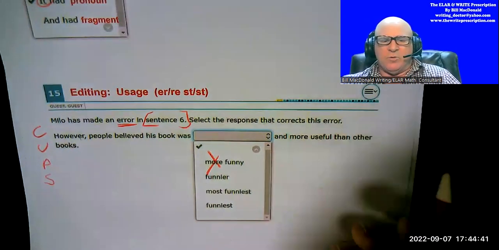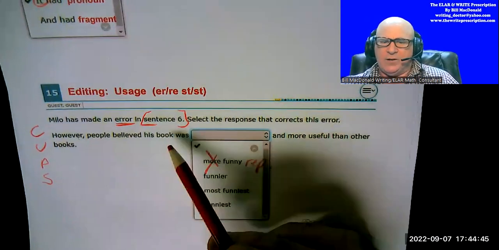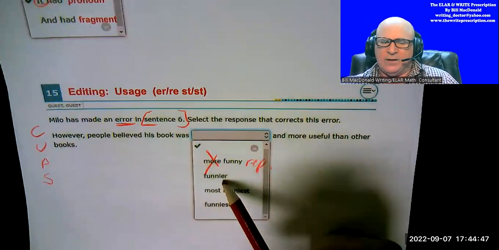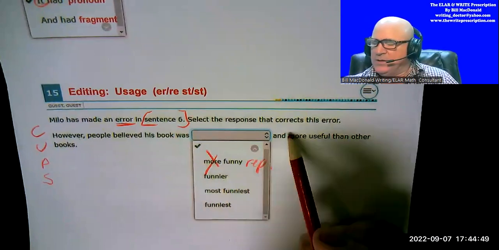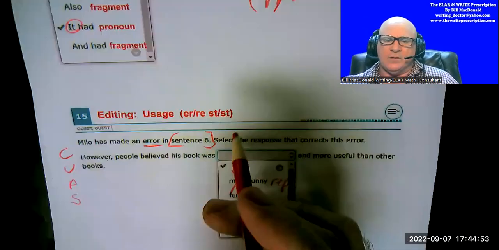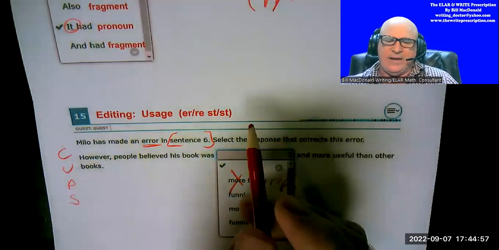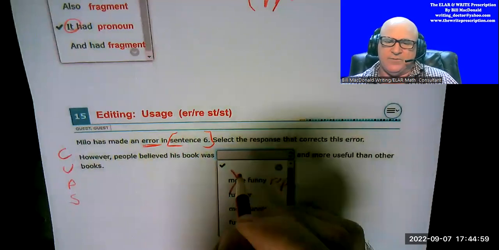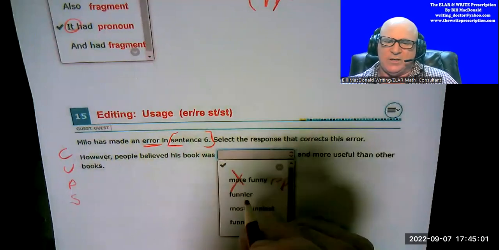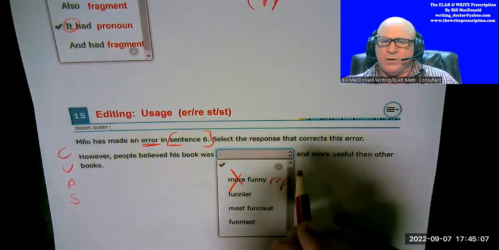"He believed his book was funnier, comparatively speaking, and more useful than other books." Since they're not breaking the consecutive RE, more, funnier, like you see here, most, funniest, that's two STs in a row, that's superlative.